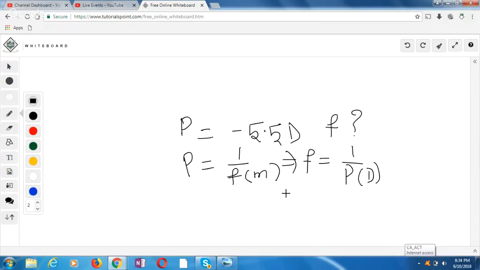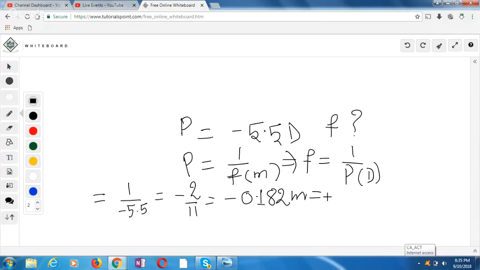As it has already been given in diopters, I am writing it here. It is 1 divided by minus 5.5, which is equal to minus 2 divided by 11. How much it would be? It would be equal to minus 0.18, nearly 0.2 meters.